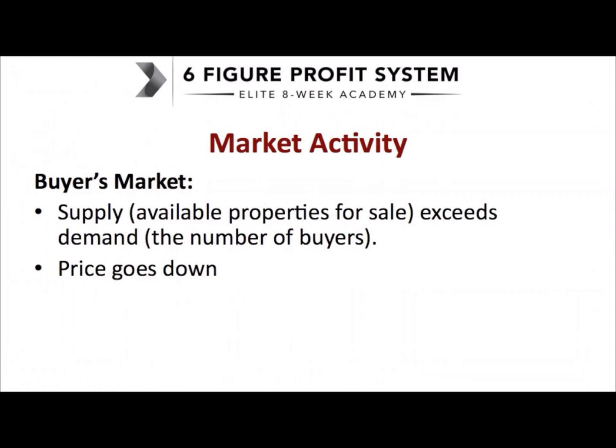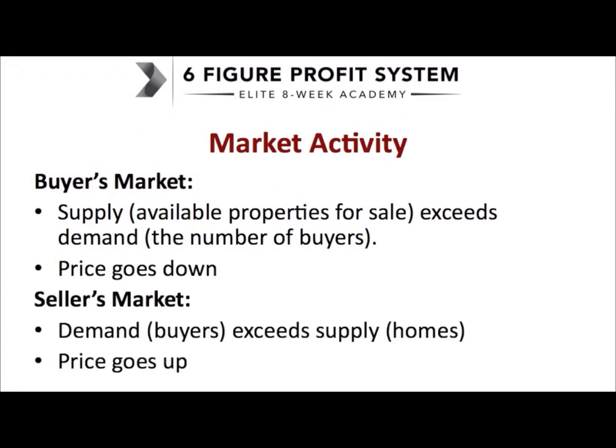So when there's more houses on the market than there are buyers, and this is true of any market or business, what happens? Price goes down. Because there's way more houses than buyers, in order to sell your house, you drop the price. That's what happens in a buyer's market.